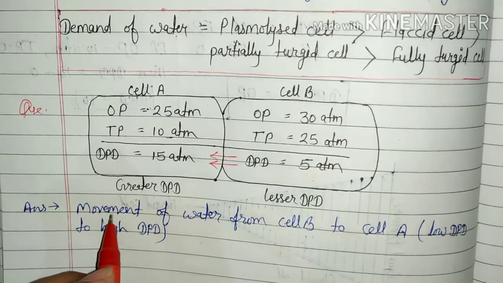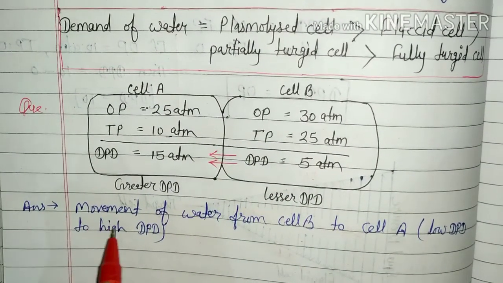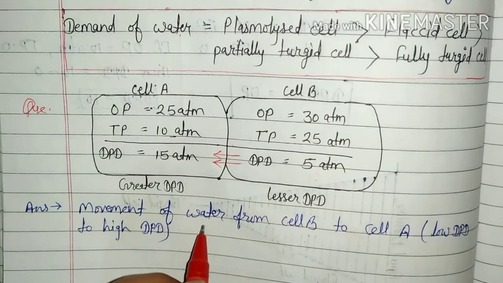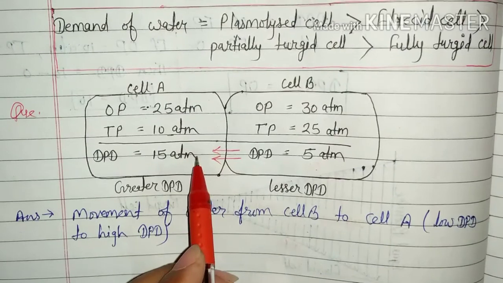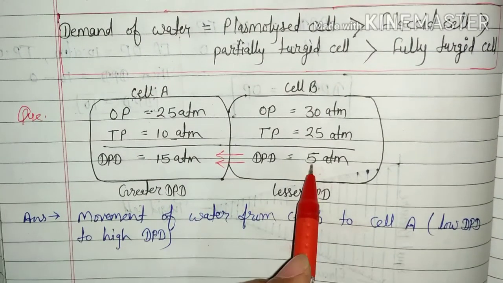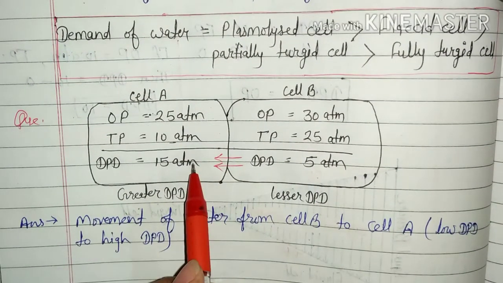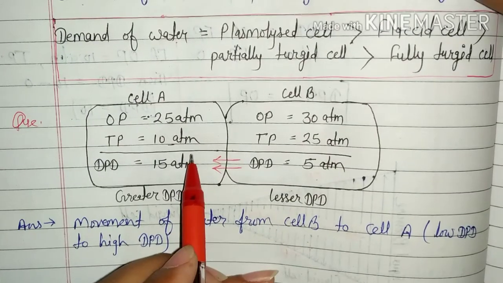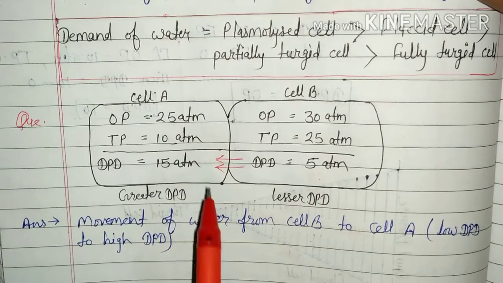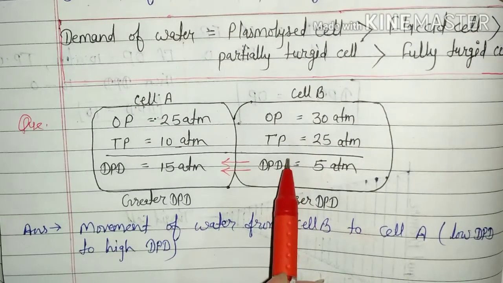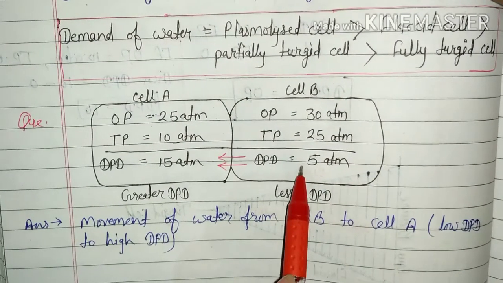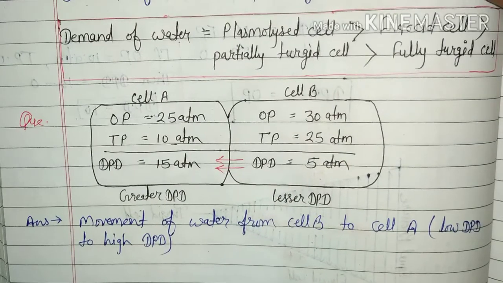So the answer is movement of water molecules from cell B to cell A, due to low DPD to high DPD, because osmotic pressure of cell A is high and osmotic pressure of cell B is low.